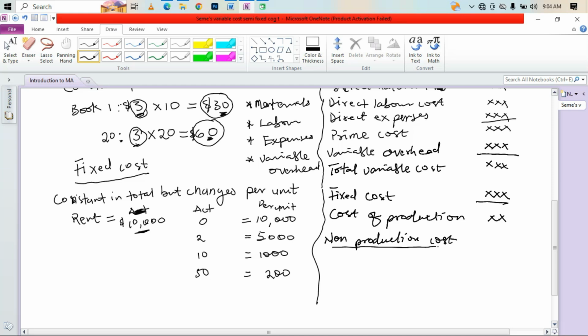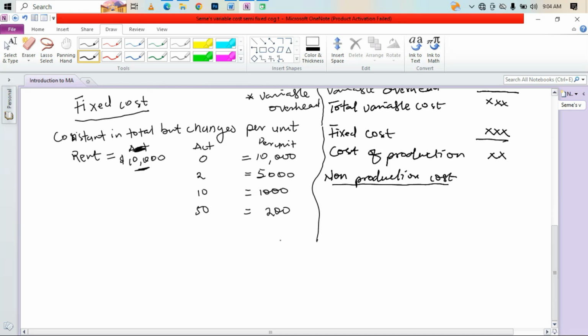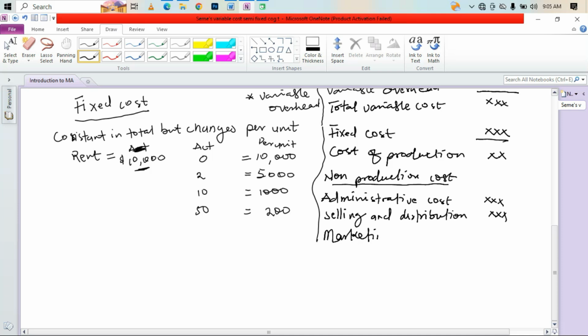So at the non-production cost, we have administrative cost, we can have selling and distribution, then we can also have marketing maybe and promotion, and we can have more. It doesn't mean that this is all the costs that we can have.